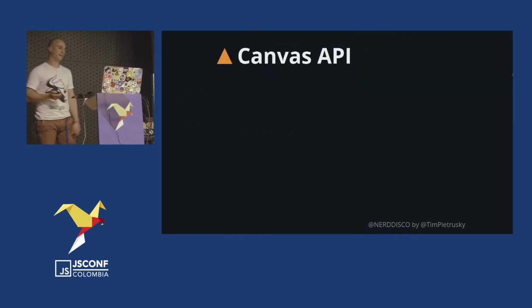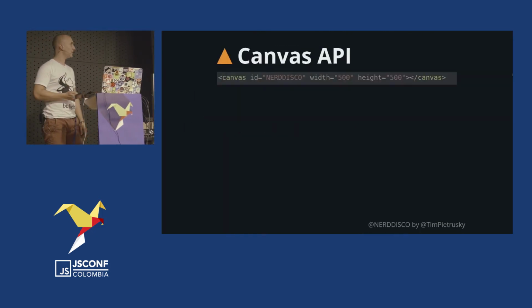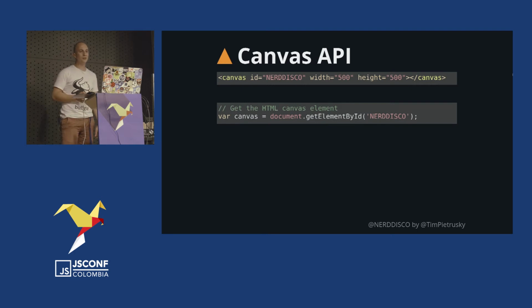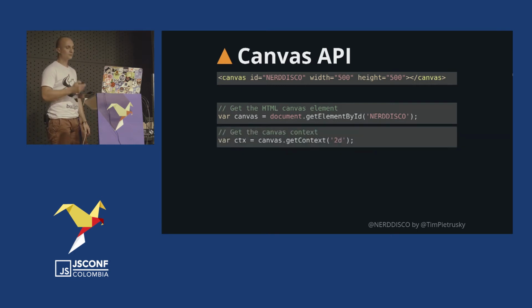And this looks like this. When you start with Canvas, you have an HTML Canvas element, which is your drawing space. Then you can get a reference to it, and with this reference, you can get the Canvas context. It's the same thing as the audio context, but for drawing.